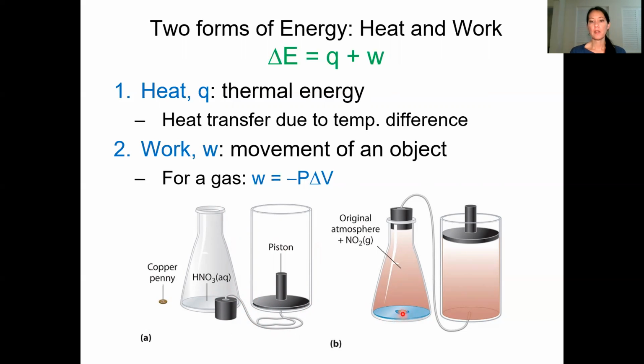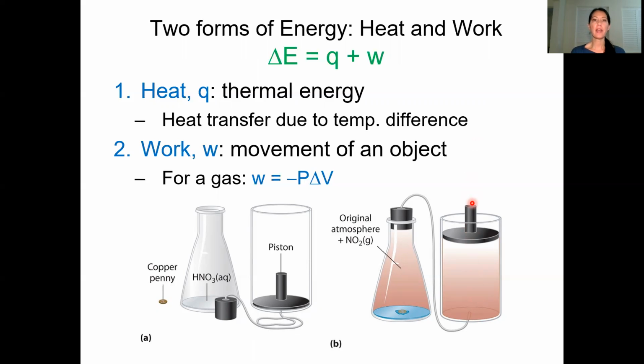So I'm going to create nitrogen dioxide, that's the gas being evolved, and now that gas is going to fill the container. It's going to proceed through the tube into the cylinder, but now the gas is going to expand against that piston, going against that atmospheric pressure, and it's going to do work on the surroundings.